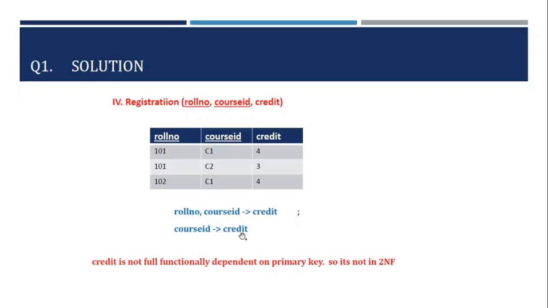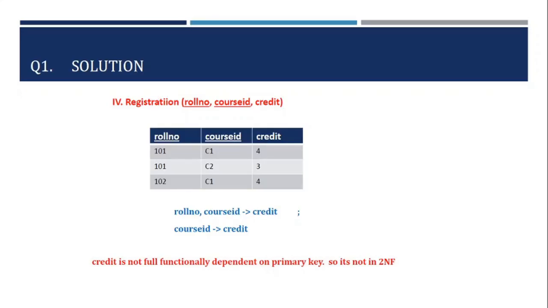Credit depends only on course ID. First, let us see whether this is in first normal form. Roll number, course ID, credit, all are single valued attributes. So it doesn't have any composite attributes or multi-valued attributes. So this schema is in first normal form.